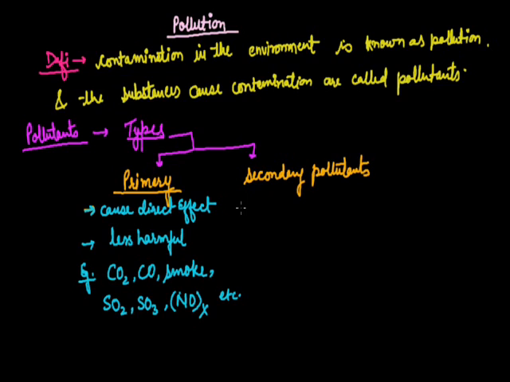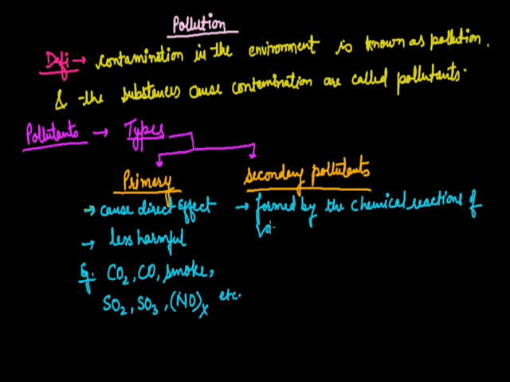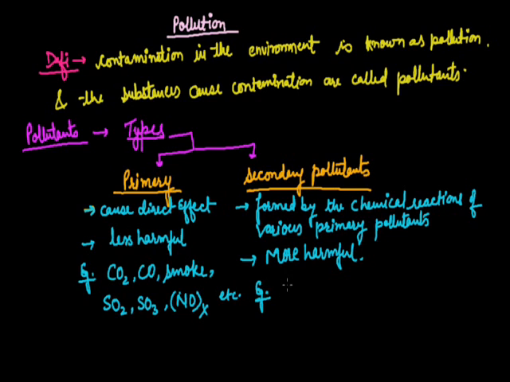While the secondary pollutants are the pollutants which are formed by the chemical reaction of primary pollutants. And that's why these are too toxic and cause very harmful effects. As examples, you can take acid rain.